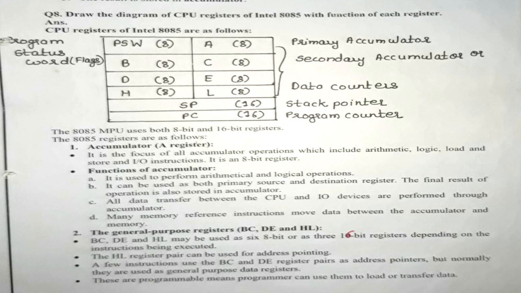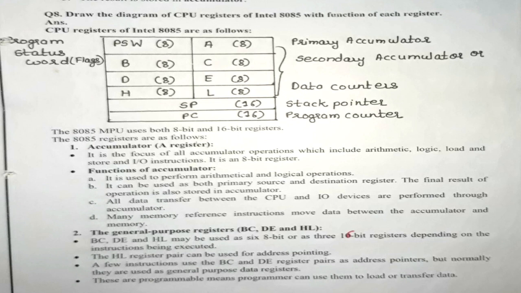All these instructions directly work on the HL pair. We don't have any instruction which deals only with the DE pair or only with the BC pair, but we have many instructions which deal only with HL. So HL is a very important register pair among all these register pairs.